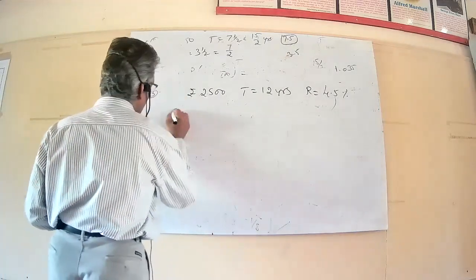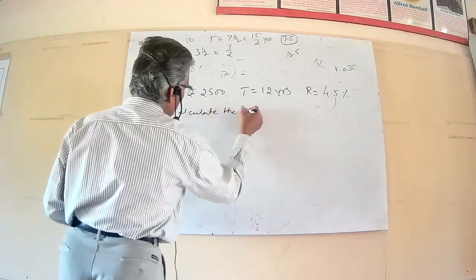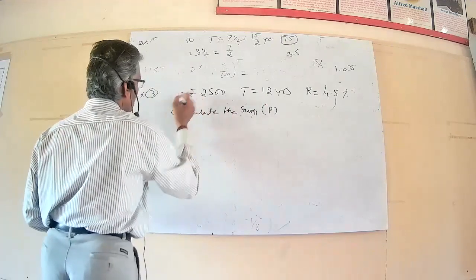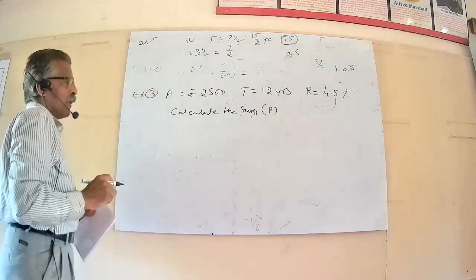Calculate the sum, it says. What is the sum? Sum means P. So this is equal to A. A is given, and P you have to find out.